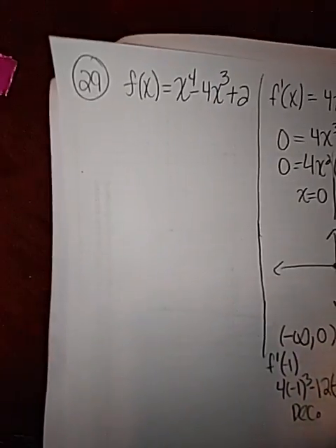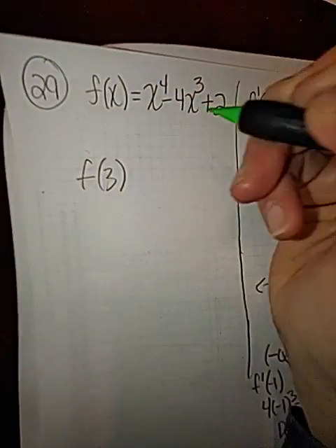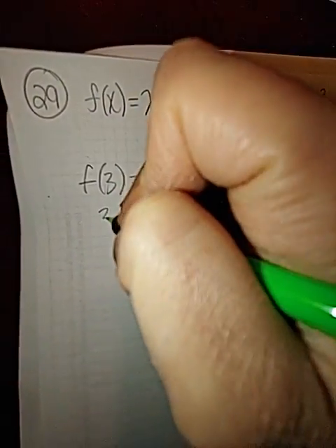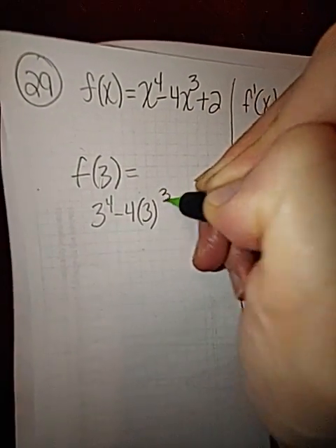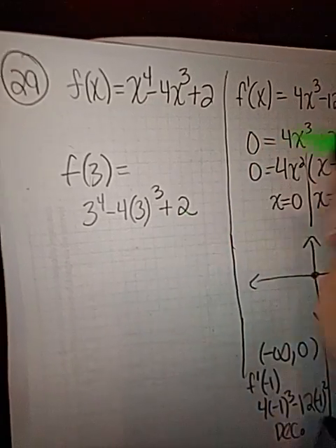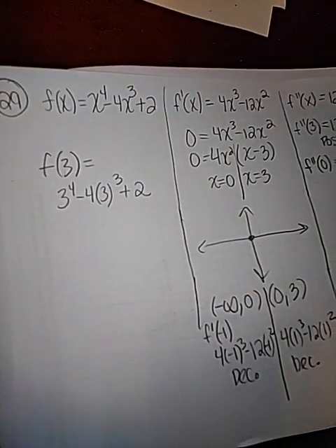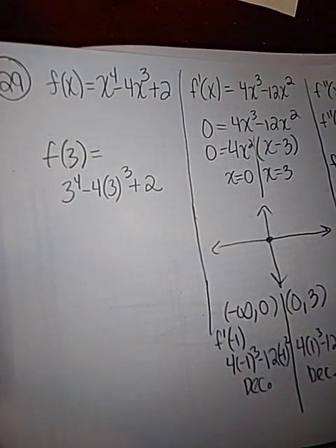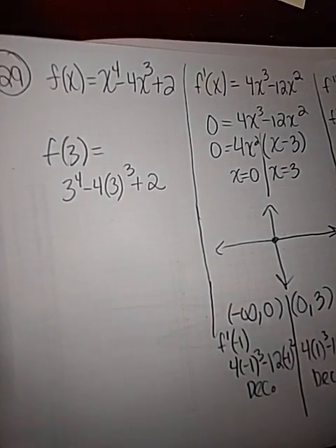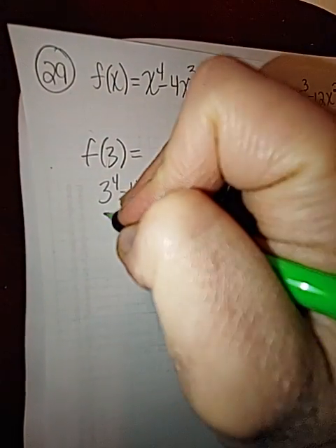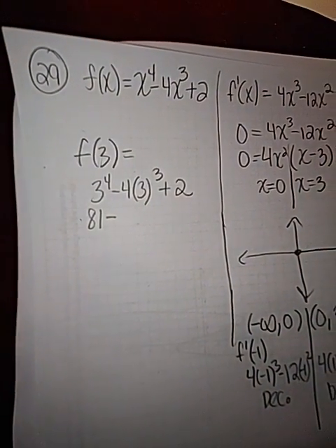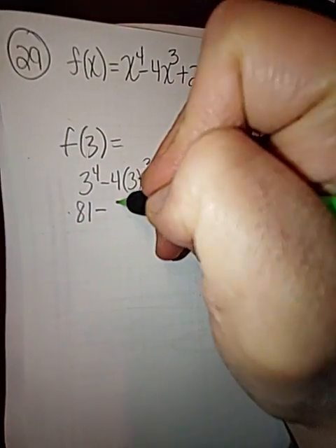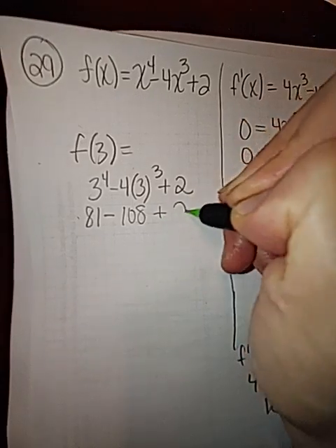So now I go back into the original function, and I plug in x equals 3. So I have 3 to the 4th minus 4 times 3 to the 3rd plus 2. All right, so I have 3 to the 4th, so I have 81 minus 27 times 4 plus 2.